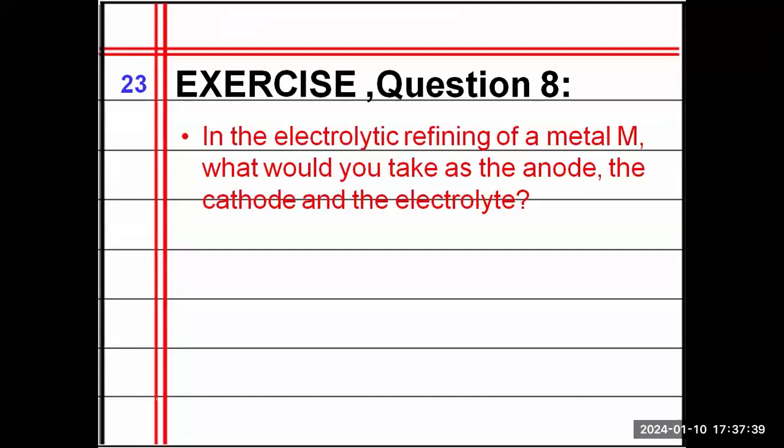Now the question says, in the electrolytic refining of a metal M, what would you take as cathode, as anode, and the electrolyte?